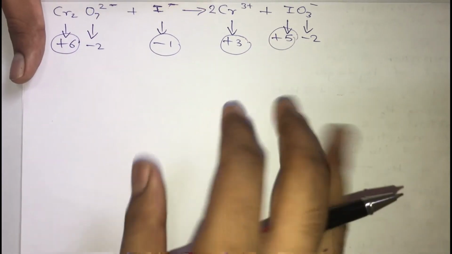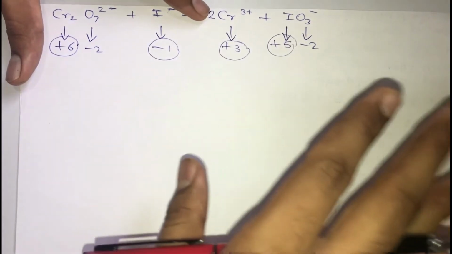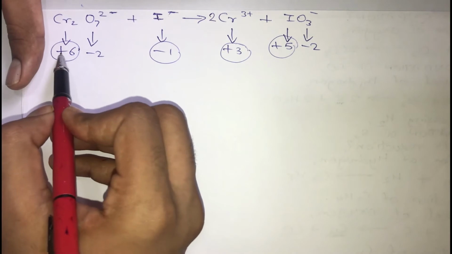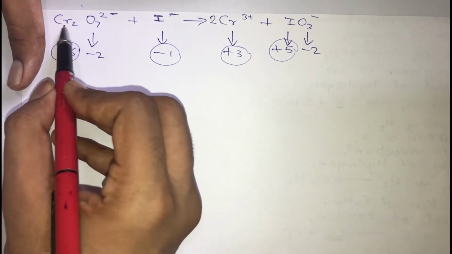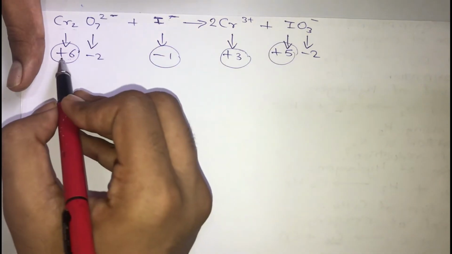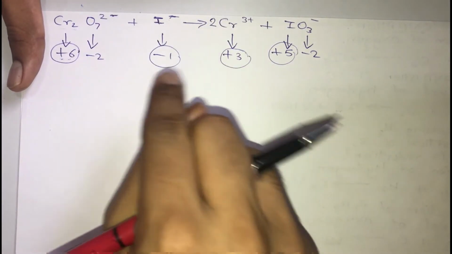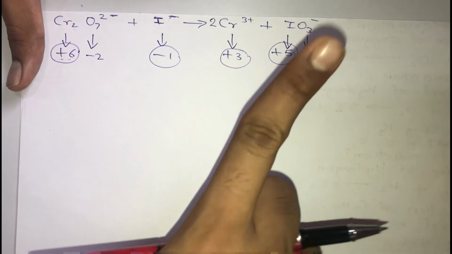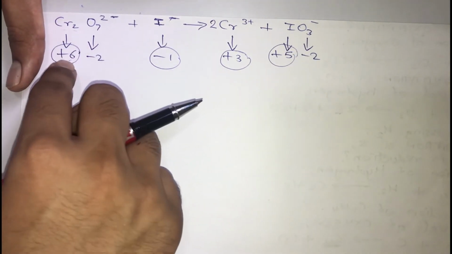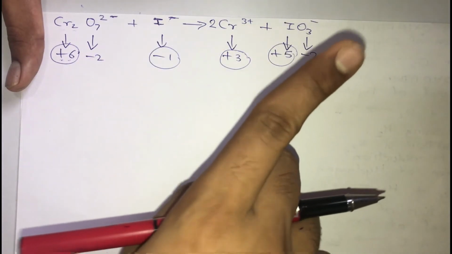But guys, before moving on, let me clear one doubt, that many of you have a misbelief that this +6 oxidation number is for 2 chromium atoms that are present over here. No, this +6 is the oxidation number for 1 chromium atom. Although there are 2 chromium atoms present over here, this +6 is for a single chromium atom.